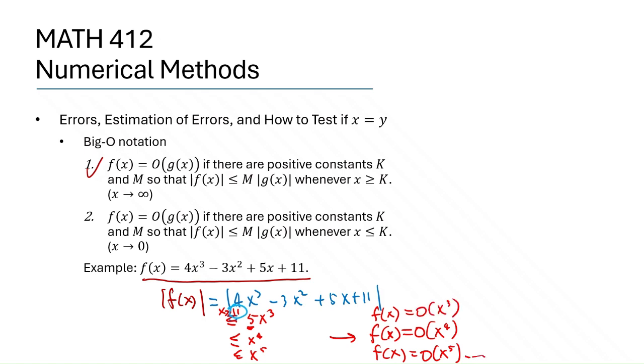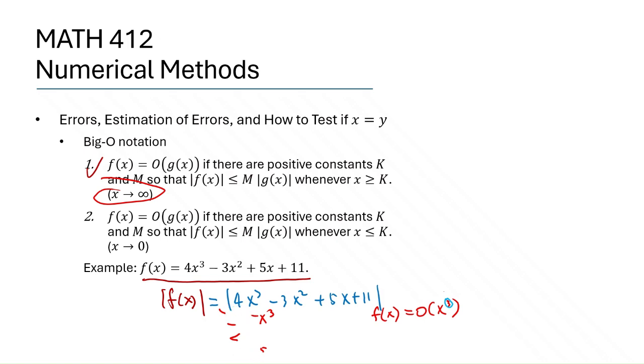So it's not unique, but when x goes to infinity, we always choose the one with the smallest power as our answer. That's the first case.